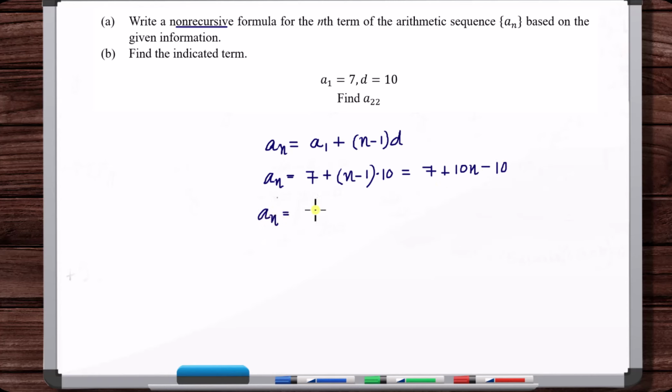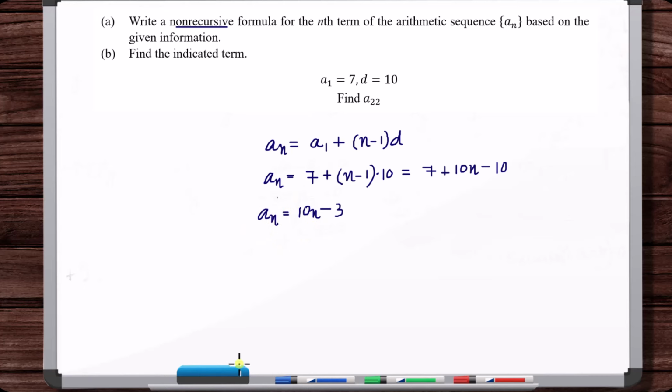So a sub n is equal to 10n minus 3, right? So a sub 1, 10 minus 3 is 7. A sub 2, 10 times 2 is 20, minus 3 is 17. And that's right, you added 10 to 7. So it goes 7, 17. The next one should be 27, right? So 10 times 3 is 30, minus 3 is 27. So that's right. So that's our a sub n.